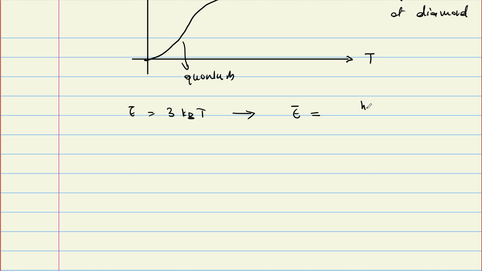So this is h nu, the energy of each mode, and you multiply with the average number of photons in the mode, that's the average energy of that mode. But in this case, it is the phonons, and Einstein used h nu over (e to the h nu over kBT minus 1). This is due to Einstein.